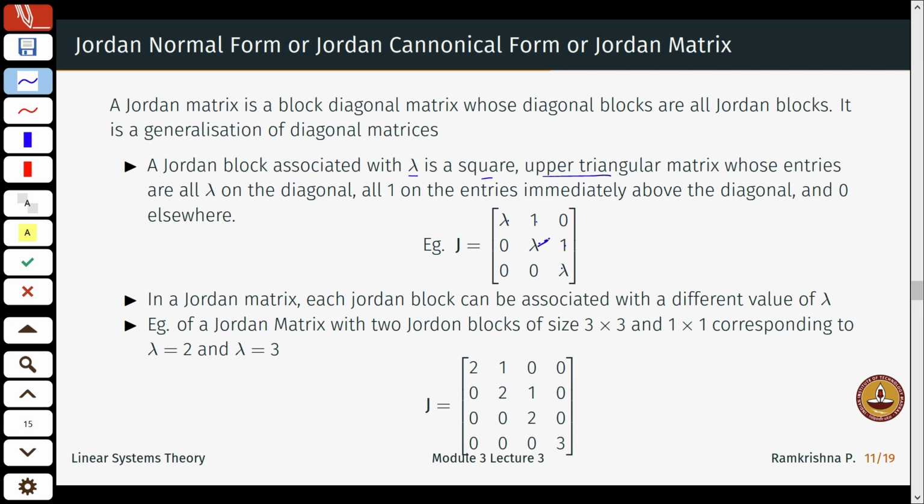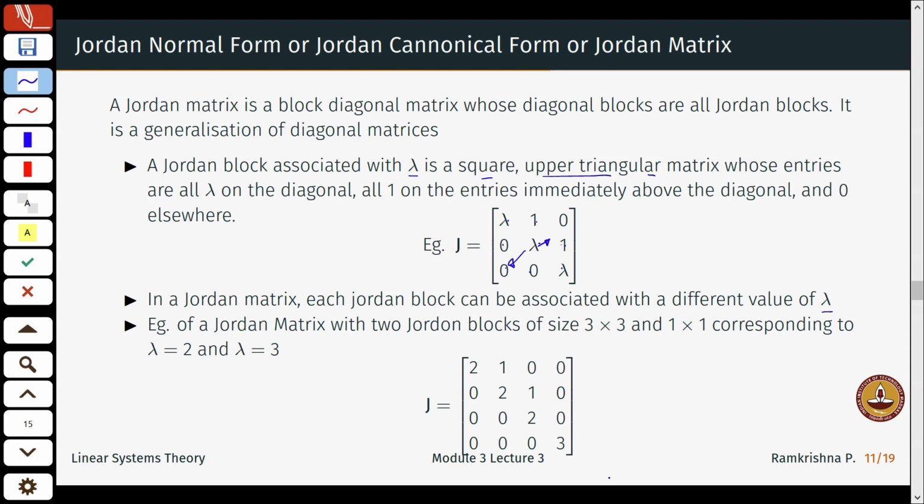So, if I go to the right, I put a 1, and everything else will be 0; the lower triangular part will always be 0. That is why we say I get an upper triangular matrix. In a Jordan matrix, each block can be associated with a different value of lambda. We will slowly try to understand what this means.